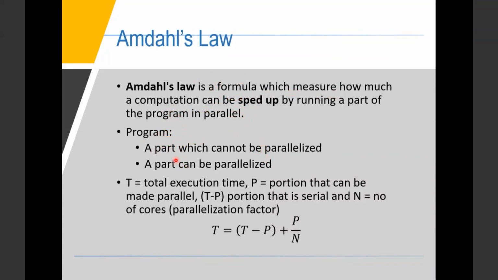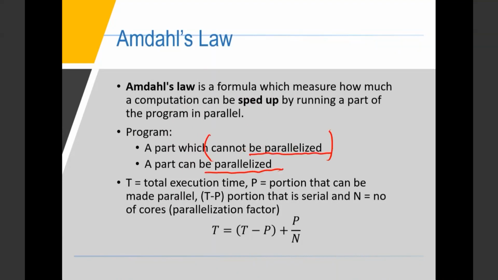The first part is the part that cannot be parallelized, and the second part is the part that you can parallelize. The program has two sections: one cannot be parallelized, and the second one you can parallelize.